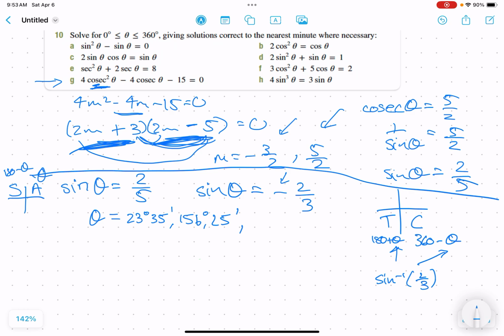So inverse sine of 2/3 looks like 41 degrees 49. If I add that to 180, I get 221 degrees 49. And then 360 minus 41 49 is 318 11. So there should be 4 solutions altogether.